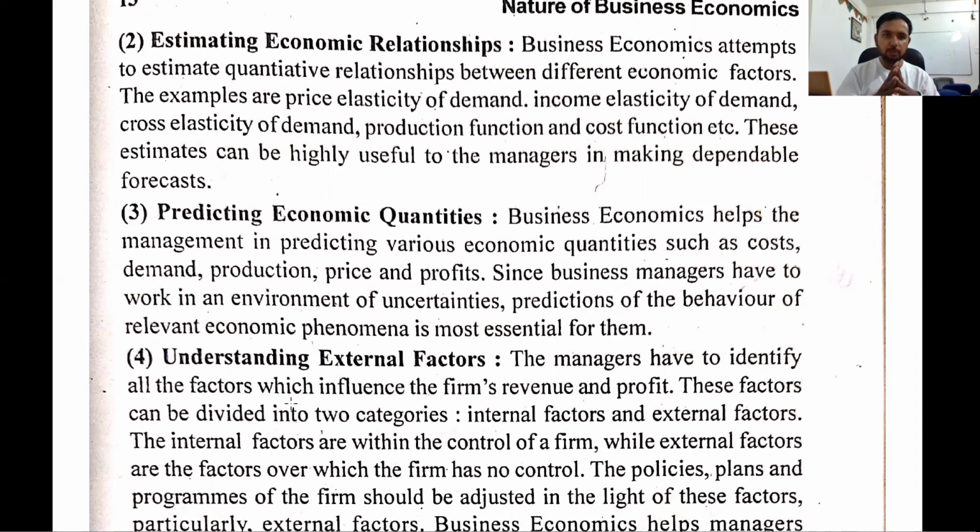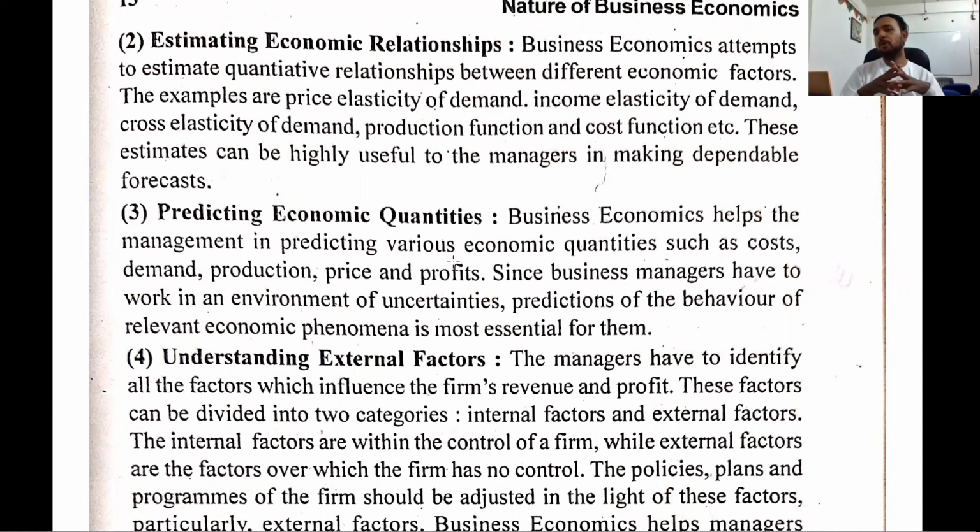Now we have the third point, that is predicting economic quantities. It is very useful to adopt economic theories to predict economic quantities. Let's read. Business economics helps the management in predicting various economic quantities such as cost, at what cost a company can produce its goods; demand, what will be the demand in the market; production, for how much production a business needs to produce; the price, what price they can set to get a good profit; and the profit.